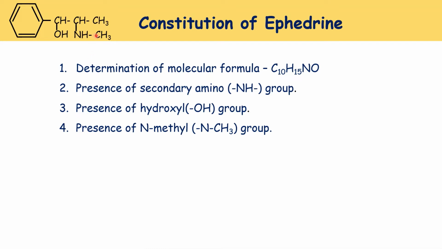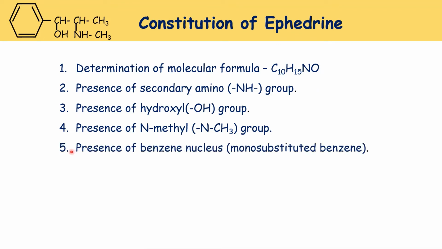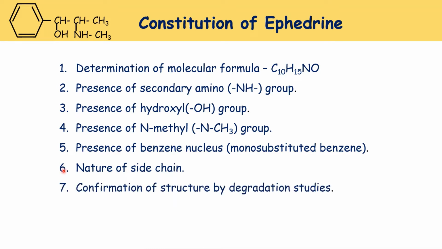This is the N-methyl group and we have to prove its presence. Then presence of benzene nucleus, that is, ephedrine is a mono-substituted benzene. Then nature of side chain, confirmation of structure by degradation studies, and finally the structure of ephedrine is confirmed by synthesis. These are the different steps by which the structure of ephedrine is confirmed.